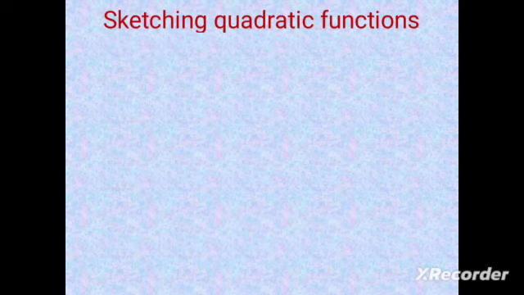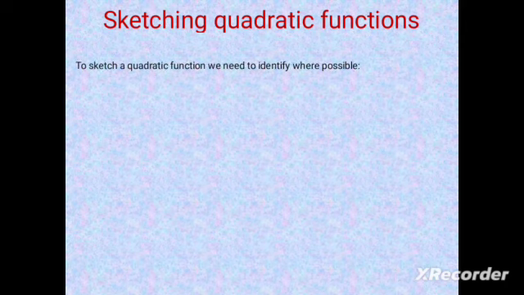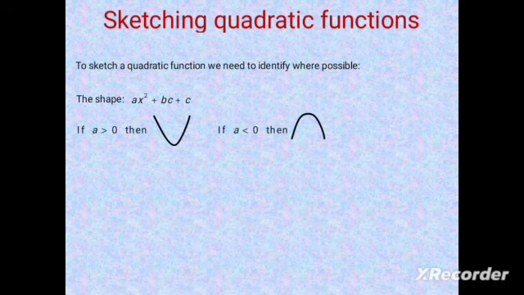So we move to sketching quadratic functions. To sketch a quadratic function, we need to identify where possible, there are factors that we need to put into consideration to be able to sketch a quadratic function. Now, the shape of ax squared plus bx plus c.